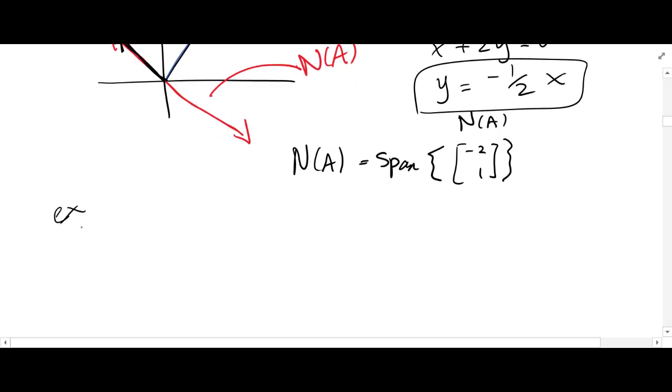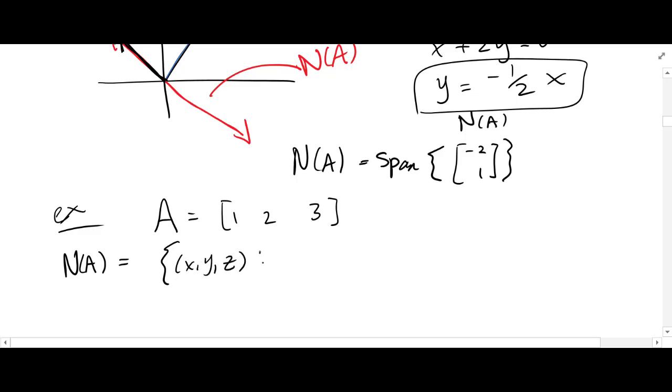Another example: if A is this matrix 1, 2, 3, a 1 by 3 matrix, and the null space of A is the set of vectors x, y, z such that 1, 2, 3 times x, y, z equals 0.